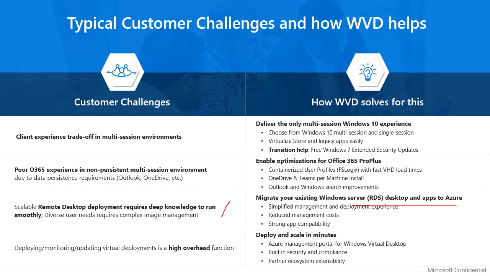Deploying and monitoring virtual deployments can be a high overhead function. A lot of customers spend a lot of time dealing with user complaints such as, oh, my desktop is running so slow, can you find out why? In this case, because you're running on the cloud, you can scale up your Windows Virtual Desktop environment on the server side much quicker, maybe on a temporary basis. Often the reason users complain about slow RDS usage is that there are simply too many of them accessing at the same time.